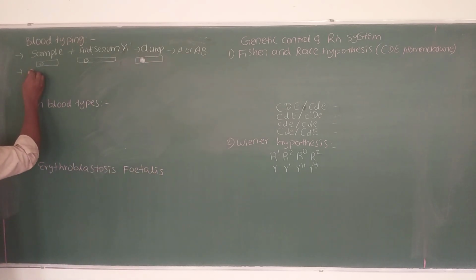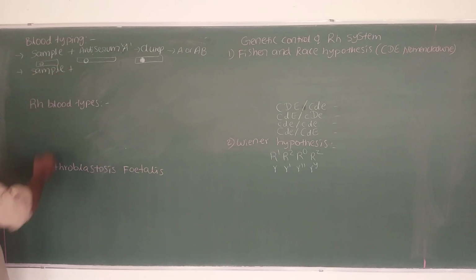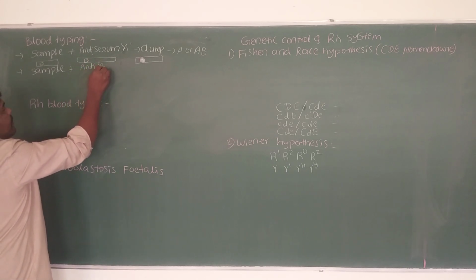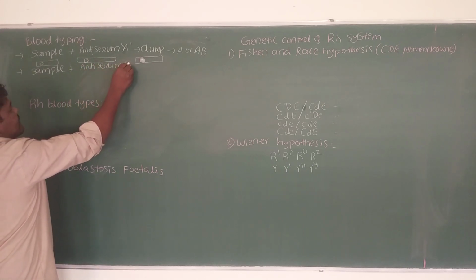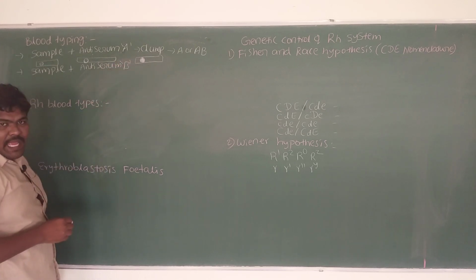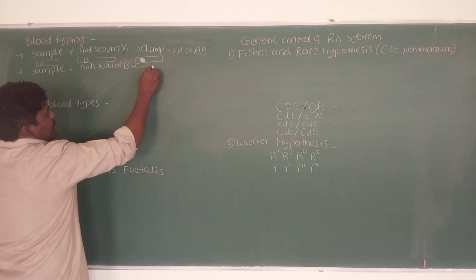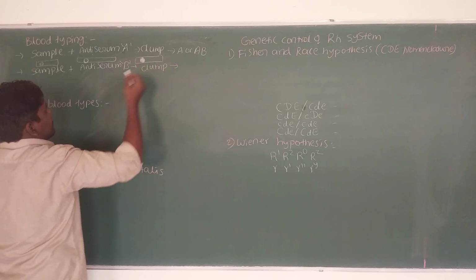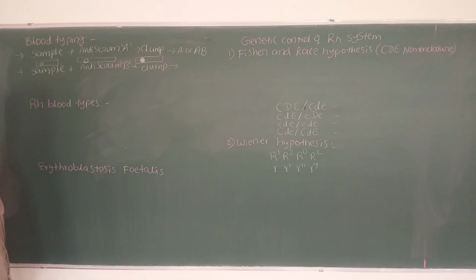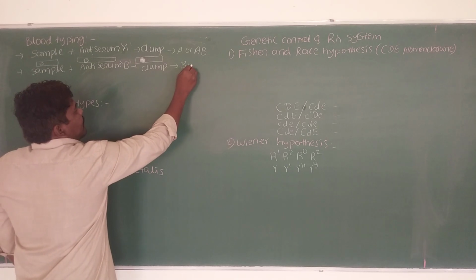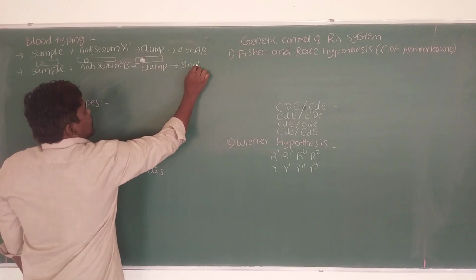Then if we take a sample and add anti-serum B, which means we are adding antibody B, and a clump is formed, that indicates the blood group may be B or AB.